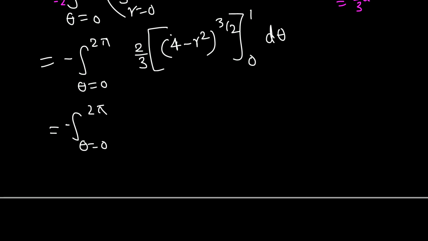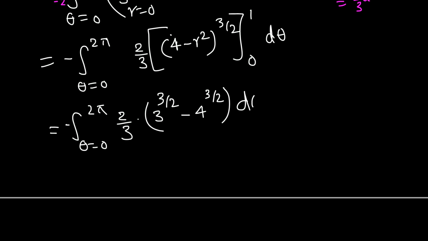We can pull it all the way outside if we like. Upper limit 1: 4 minus 1 squared is 3, not 4. So 3 raised to 3/2, minus the lower limit, 4 minus 0, which is 4 raised to 3/2. 4 is 2 squared, so this is 8, and this number is negative, with d theta.